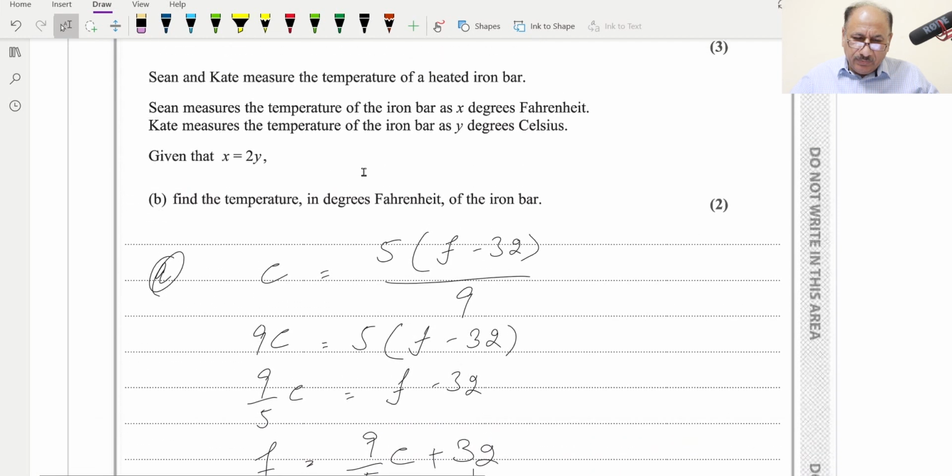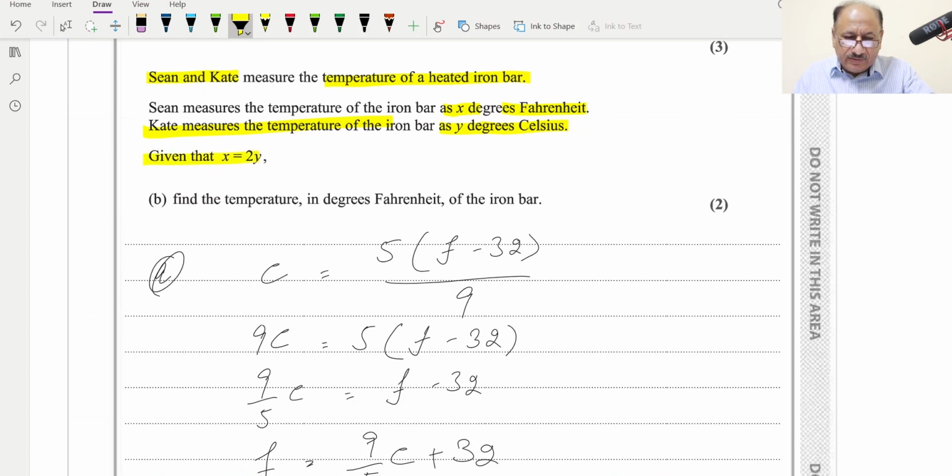In part B, Shane and Kate measure the temperature of a heated iron bar. Shane measures the temperature of the iron bar as X degrees Fahrenheit, and Kate measures the temperature of the iron bar as Y degrees Celsius.